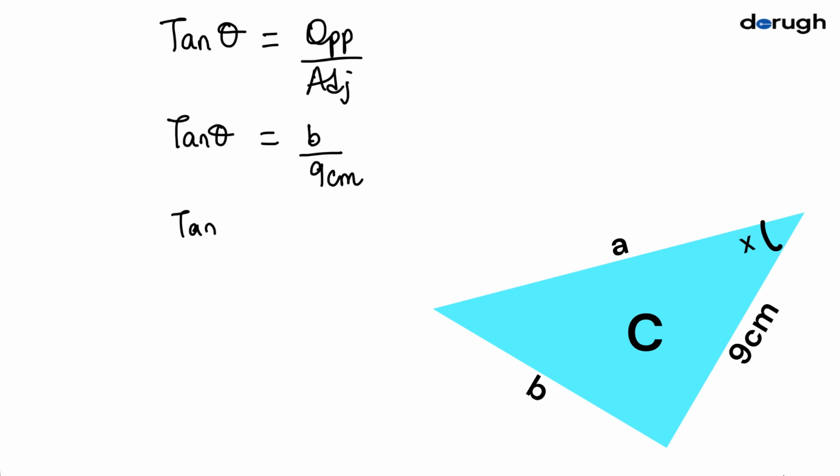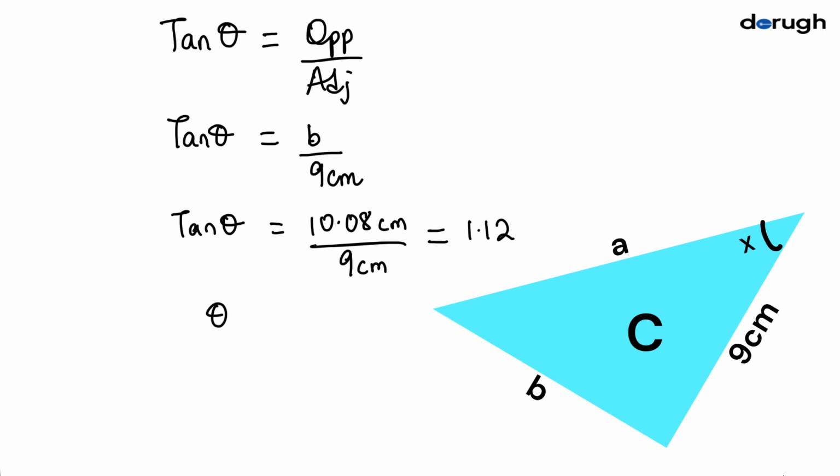Tan theta equals 10.08 centimeters over 9 centimeters, which is 1.12.